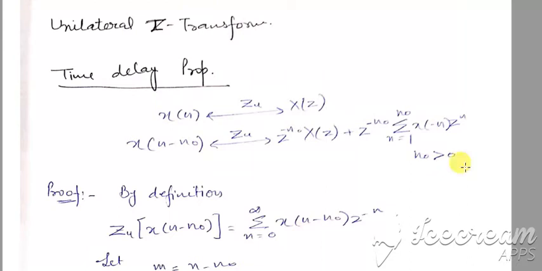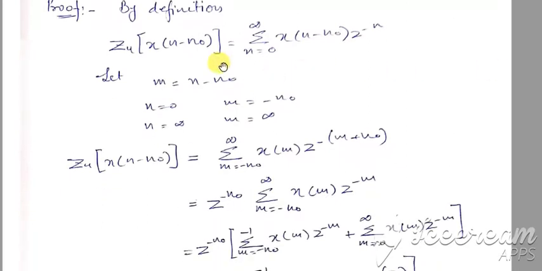Now, by definition, the Z transform of x[n minus n0] is equal to, because we have already mentioned this is a unilateral transform, n varies from 0 to infinity, x[n minus n0] z raised to the power minus n.